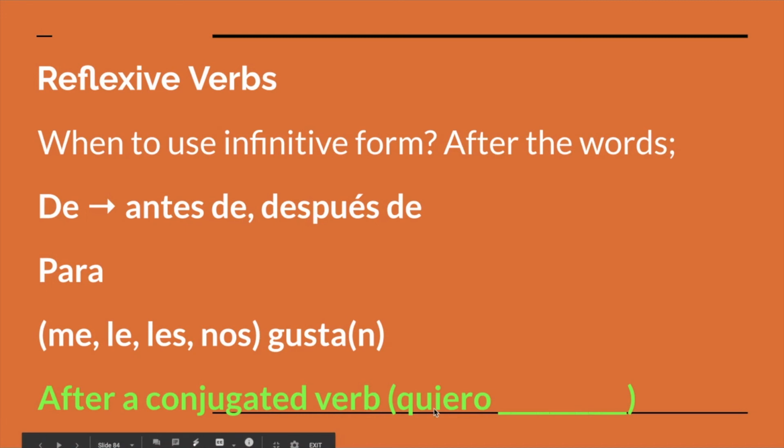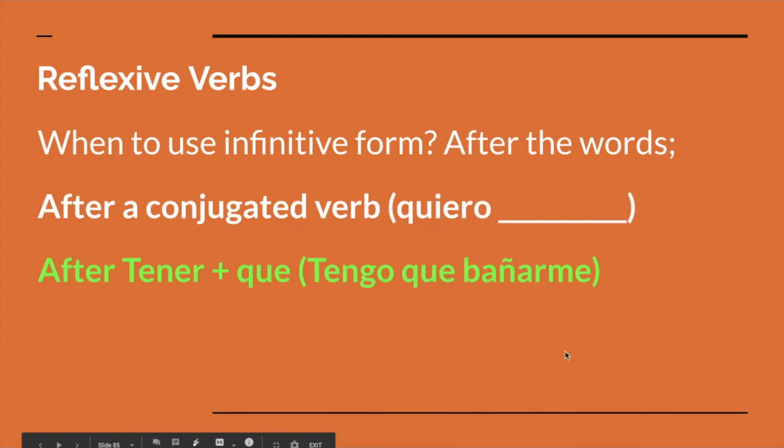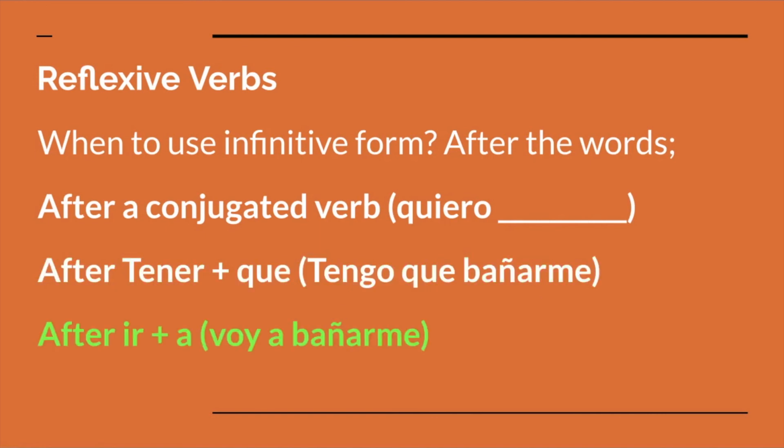So quiero, like if you want to say I want to bathe myself, quiero bañarme. Okay? And then after tener plus que, so tengo que bañarme. That's another one. After ir plus a, you're going to use the infinitive like this. Voy a bañarme.